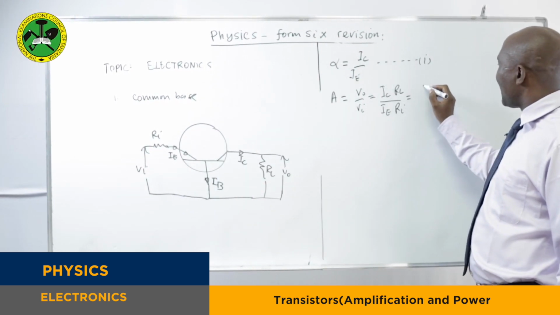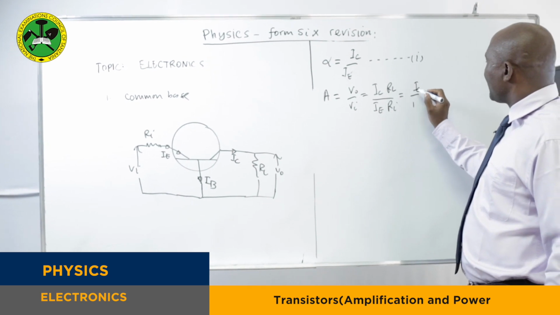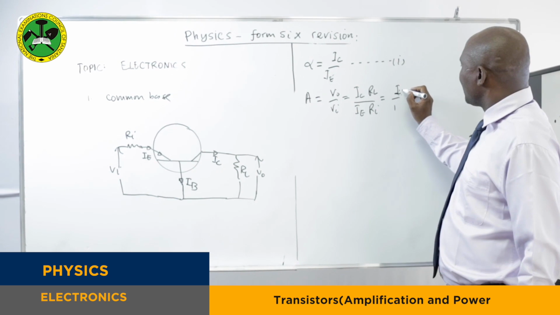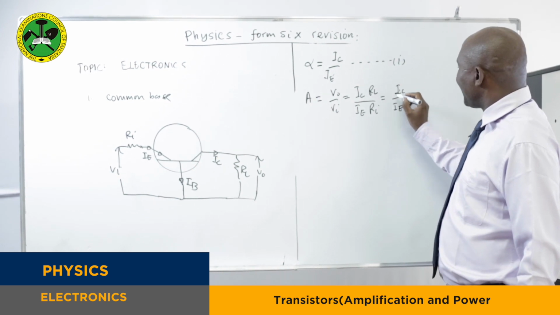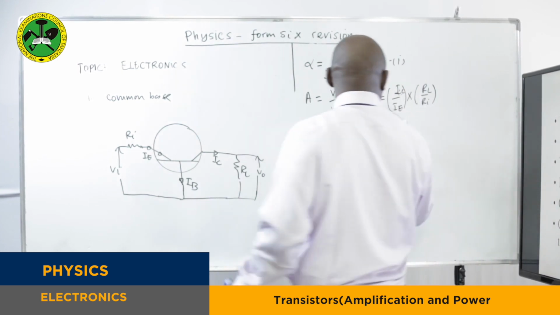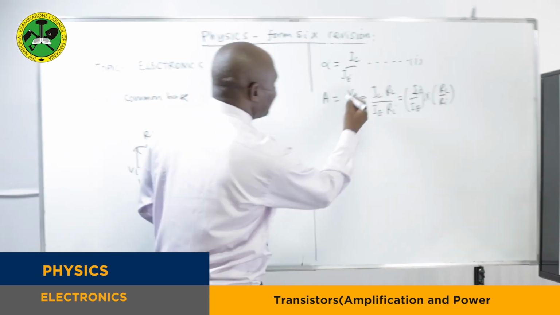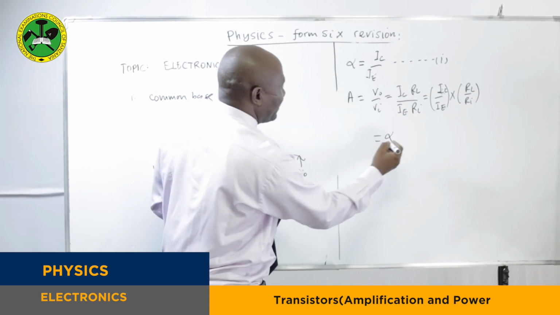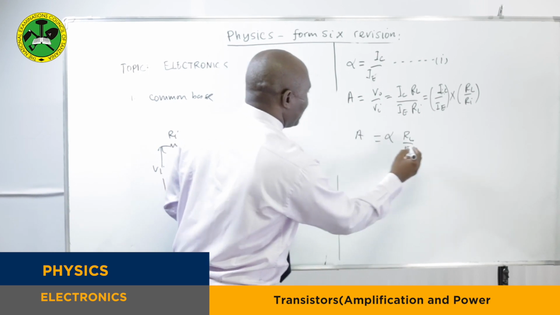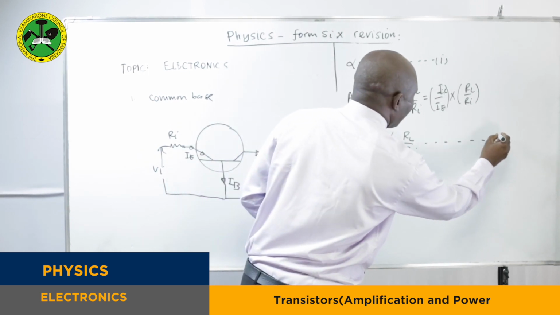So this gives us IC over IE, times RL over RI. And remember, from question number 1, this is alpha, the current gain, times RL over RI, which is the voltage gain, question number 2.